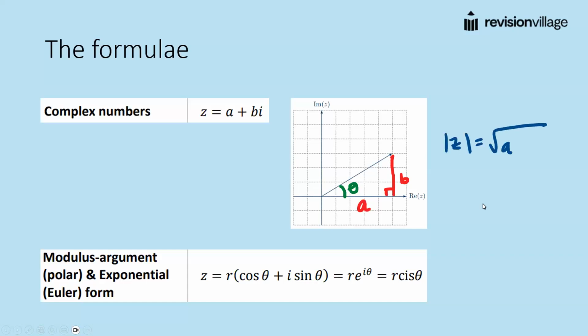And that's always going to be using the Pythagorean theorem. Just noting here, the modulus of a complex number would be the square root of a squared plus b squared, the real part squared plus the imaginary part squared. And then before we mention the argument, just noting here, this is the relationship between that and modulus argument form. We always have the value r shown there, and that's always the modulus of a complex number. So in modulus form, r is the same as the square root of a squared plus b squared in rectangular form.